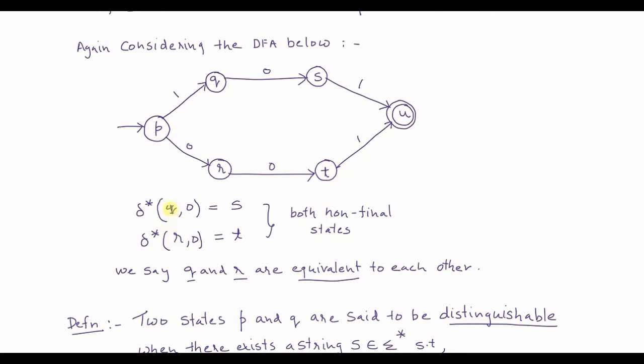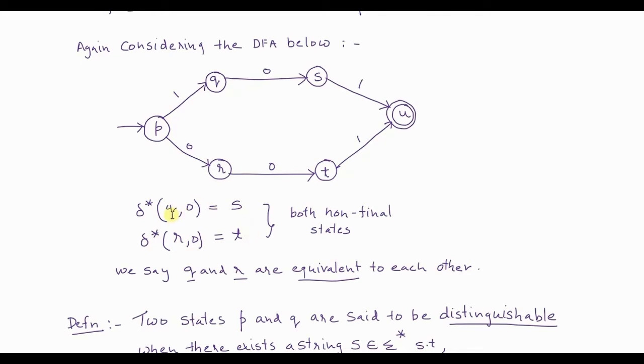What if one state on reading an input takes you to a final state, and the other state on reading the same input takes you to a non-final state? What if one of these states is a non-final state and the other one is a final state?